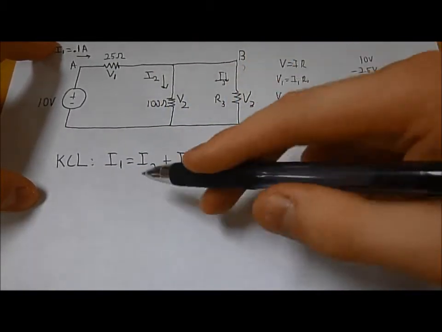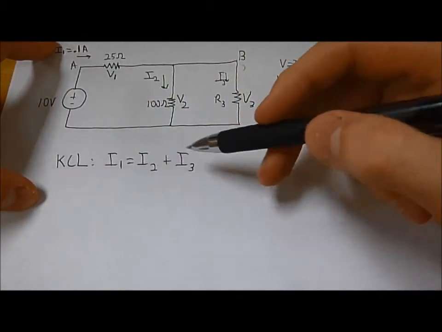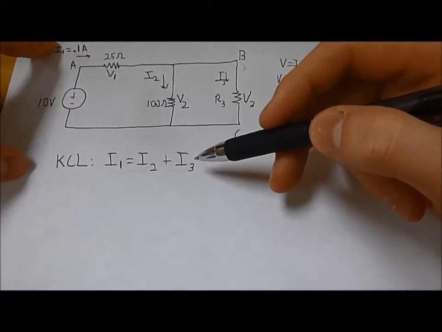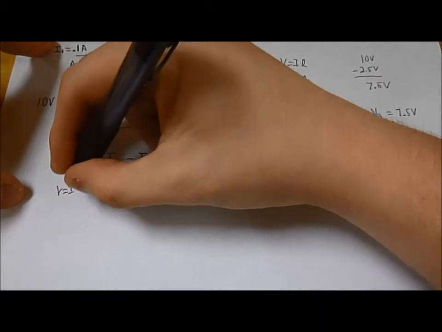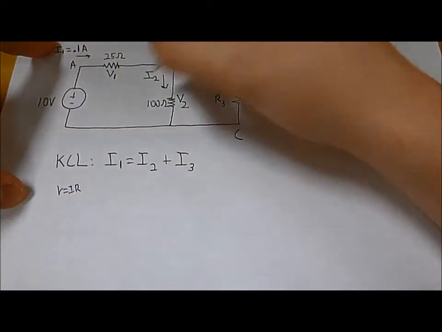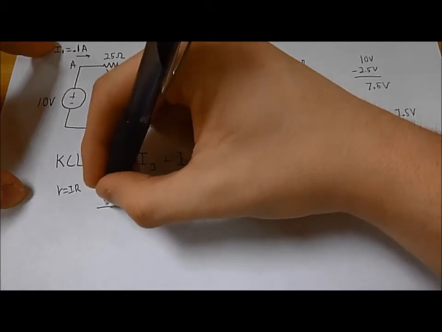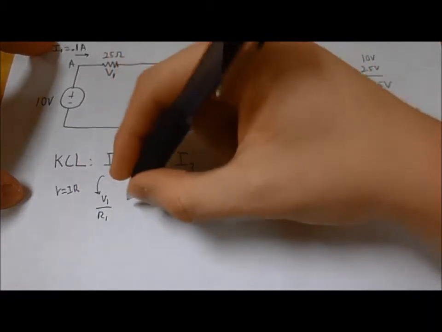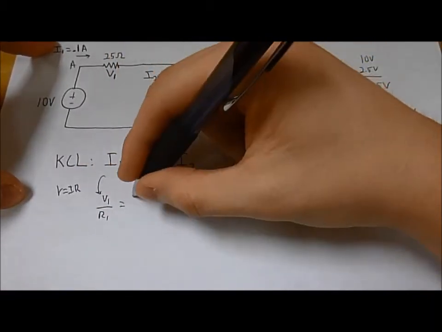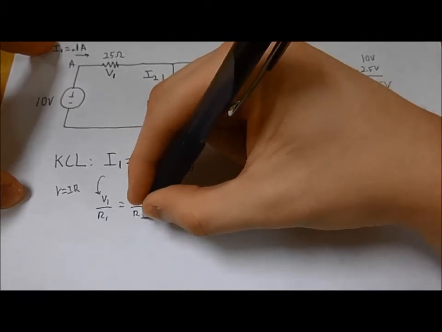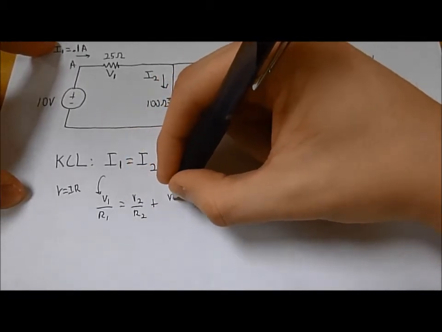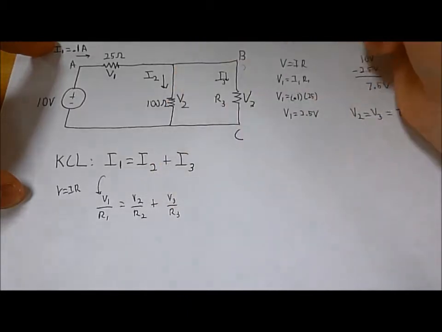We can redefine I1, I2, and I3 in terms of Ohm's law. This means that I1 will be equal to V1 over R1, which will then equal V2 over R2 plus V3 over R3.